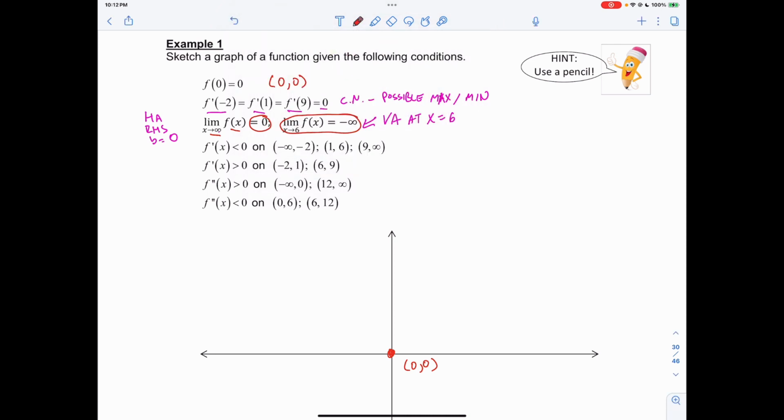It says that f prime of x is less than 0 on negative infinity to negative 2, 1 to 6, and 9 to infinity, because this is our first derivative.